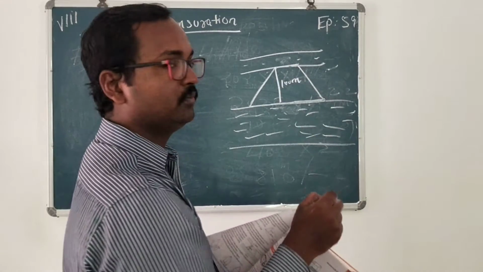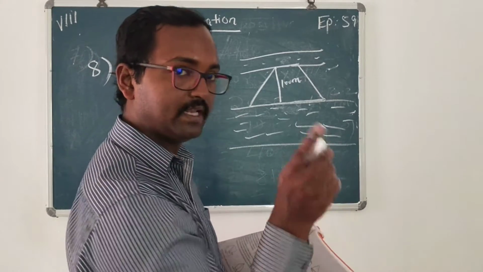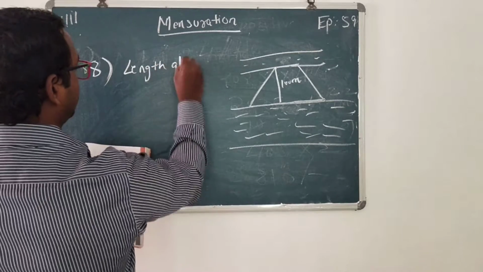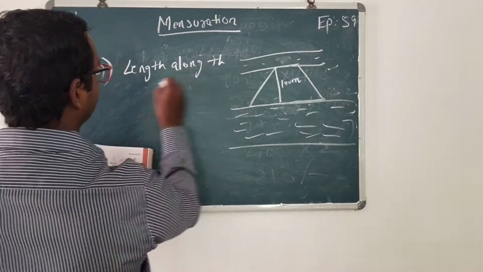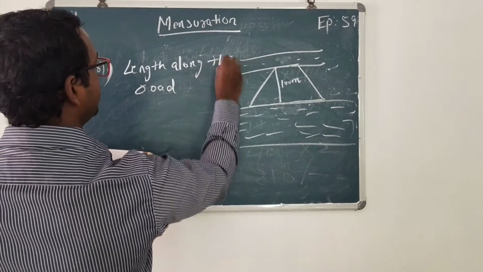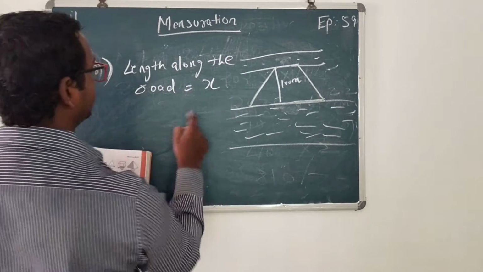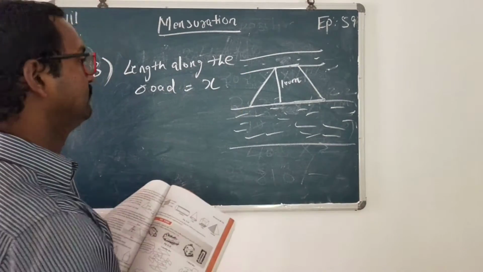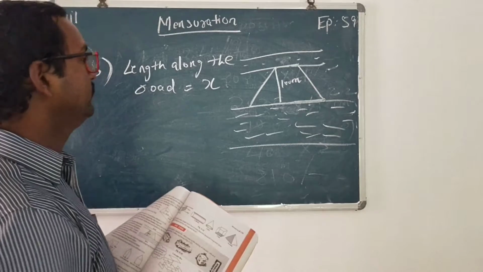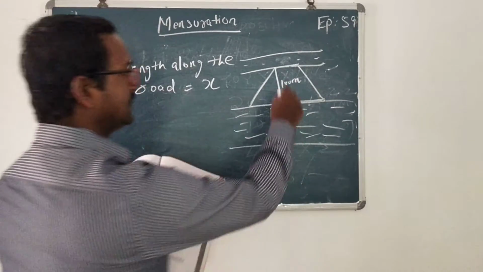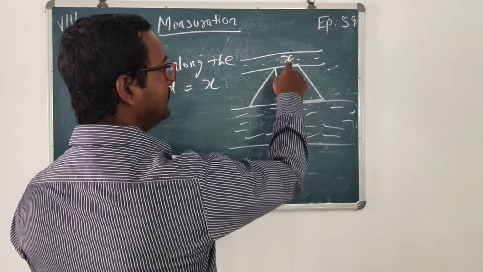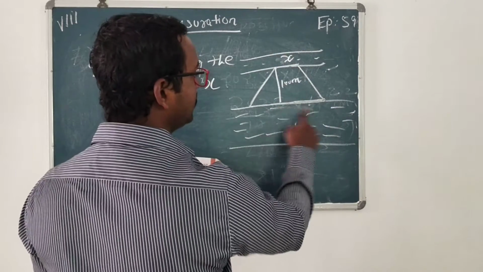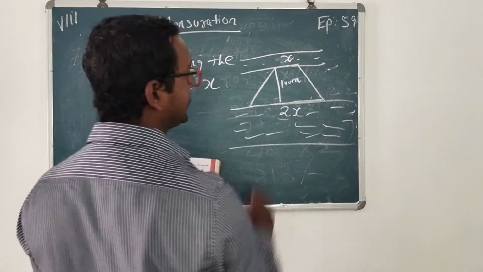So I am going to assume the length along the road as x. If I am considering this as x, then this side will be how much? Twice is 2 times, 2x.